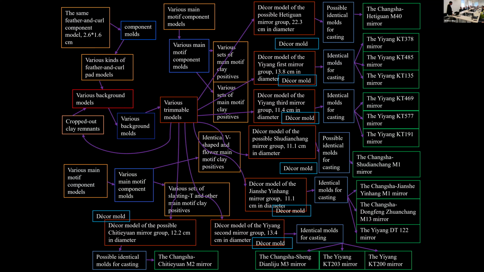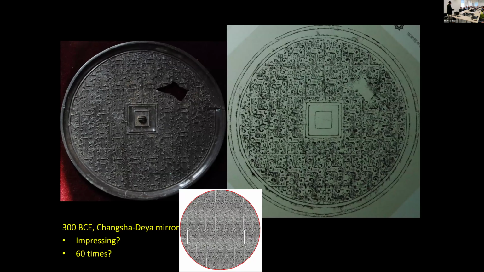This chart may look complicated, but let's look at the evidence. This is the mirror that I'm talking about. One small component model, replicate more, and then in a circular fashion, trim it, cut it, and you produce this one. Looks exactly the same.